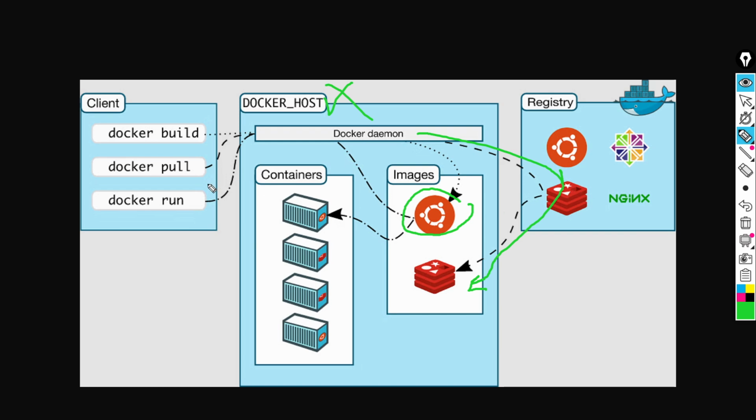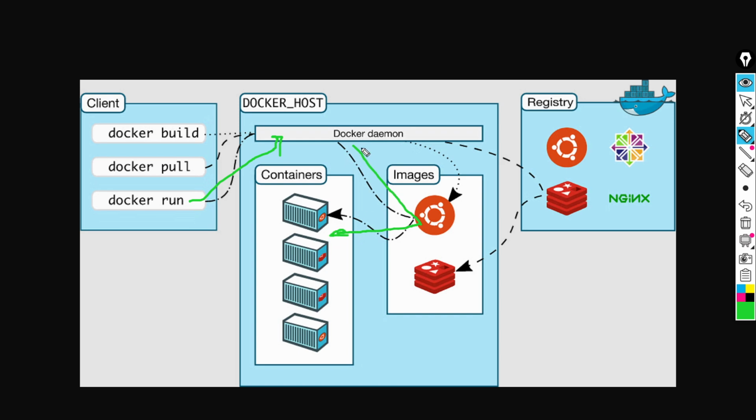Let's say we wanted to run the image, which means we need to create a container. We give a command to the Docker daemon, and it first checks whether the image is available locally. If it is available, it will form a container.